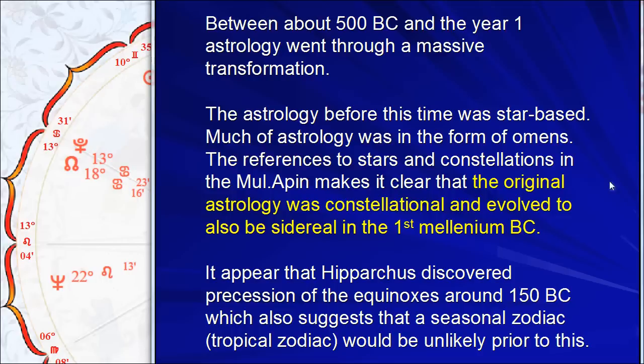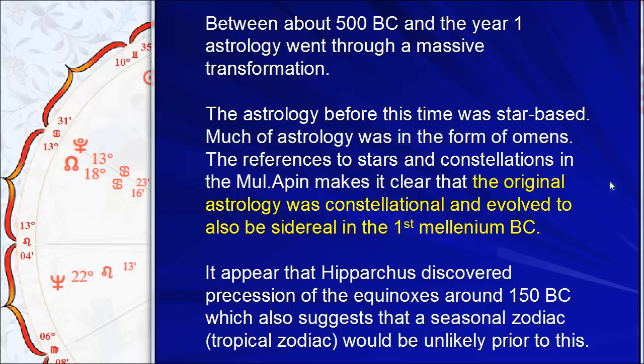During that huge time period, the evidence from works such as the Mul.Apin, which is a star catalog, which was compiled around the year 1000 BC, is that the astrology during that huge time period was primarily constellational. People looked at where the stars were and made predictions of what would happen based on that.